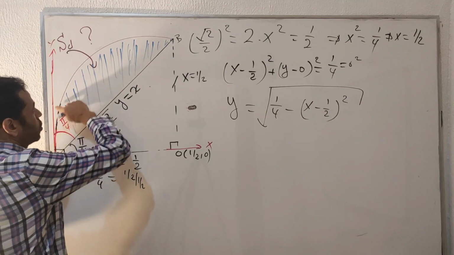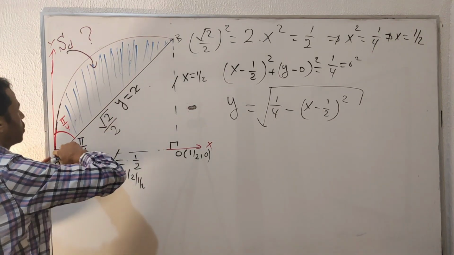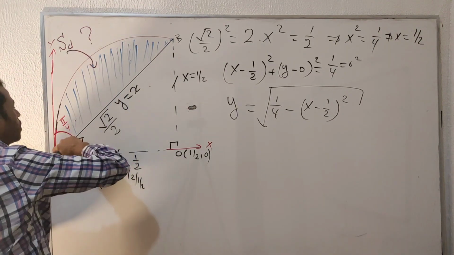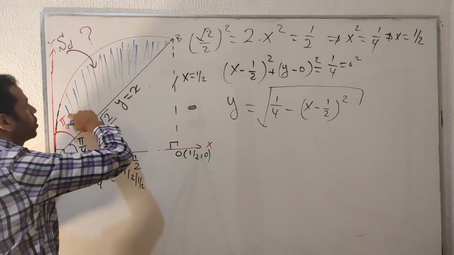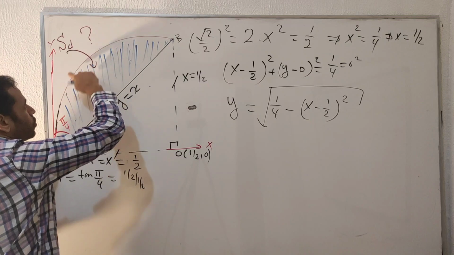In order to calculate this area, I'm going to take the top curve minus the bottom curve. The top curve is the equation of the circle.